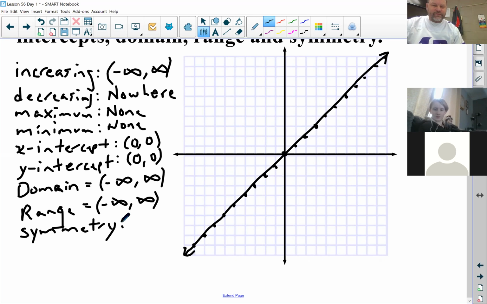And the other is for an odd function, which reflects over the origin. So in this case, it reflects through the origin.